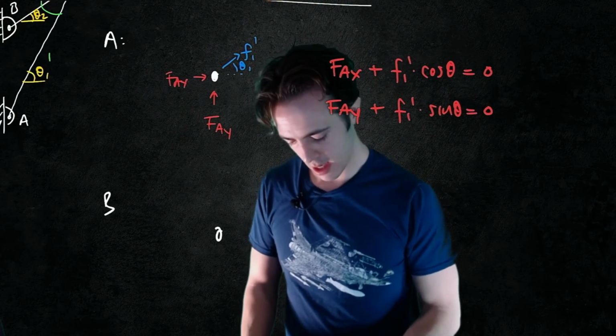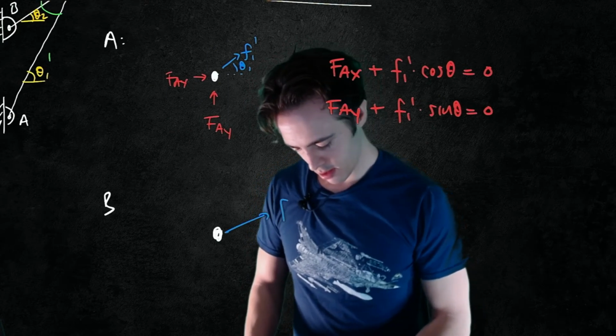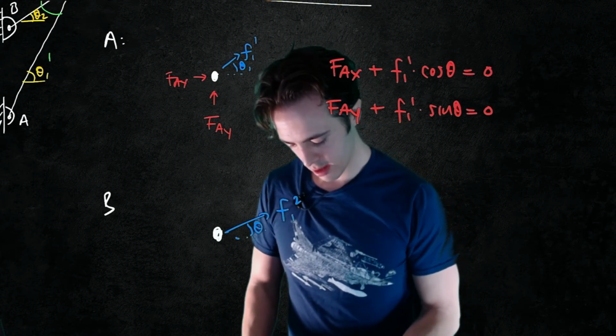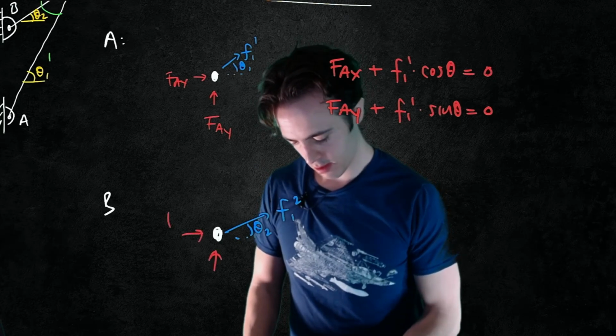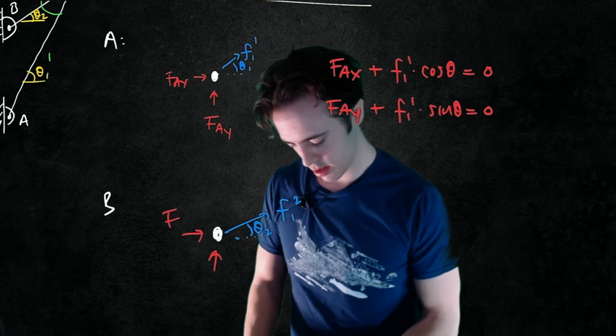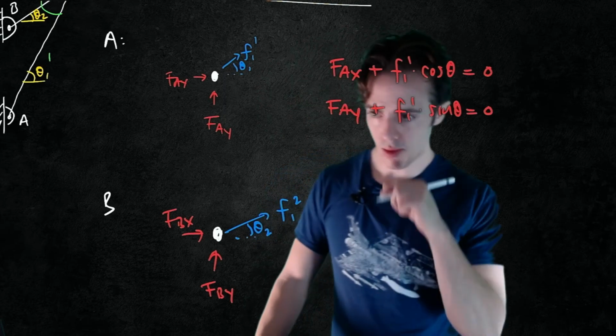For node B, I've got F1 of element 2 at theta 2. Got two reactions, FBX and FBY.